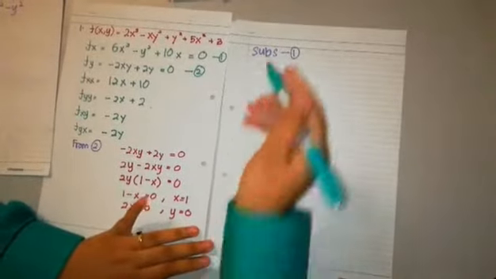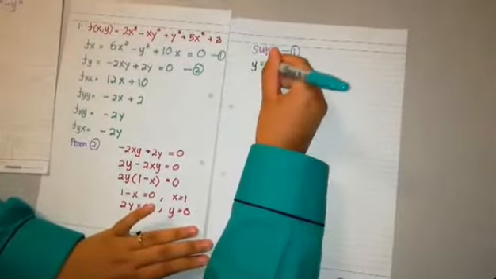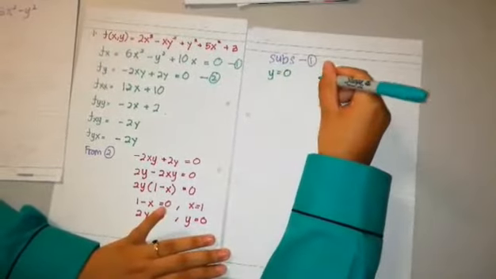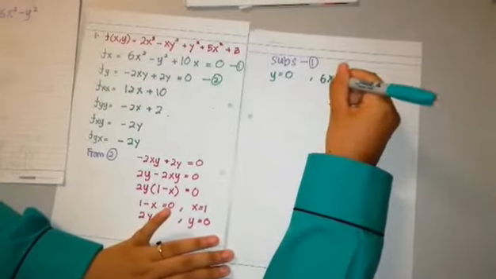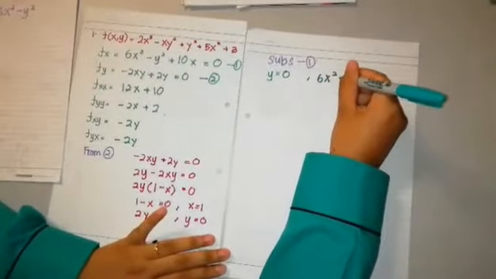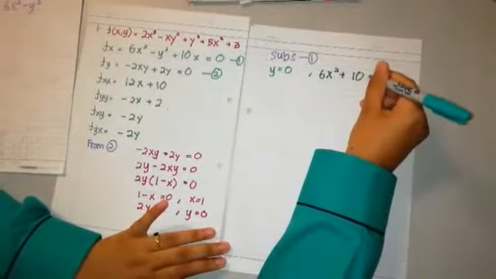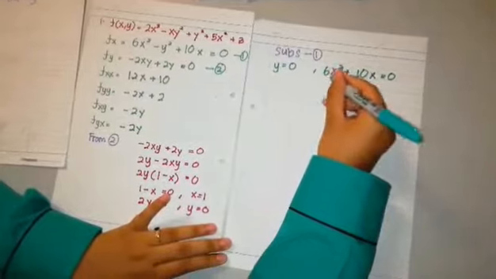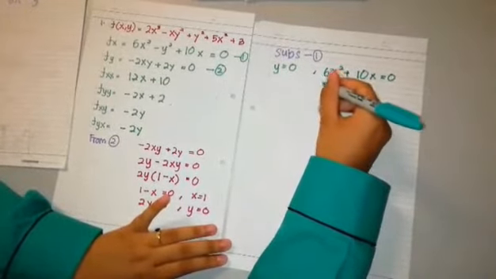So we substitute y equals 0 in the first equation, and this is what we will get: 6x squared plus 10x equals 0. Then we factorize it.